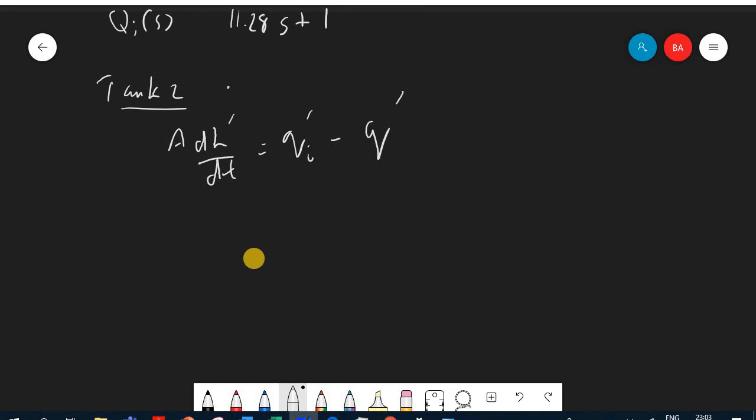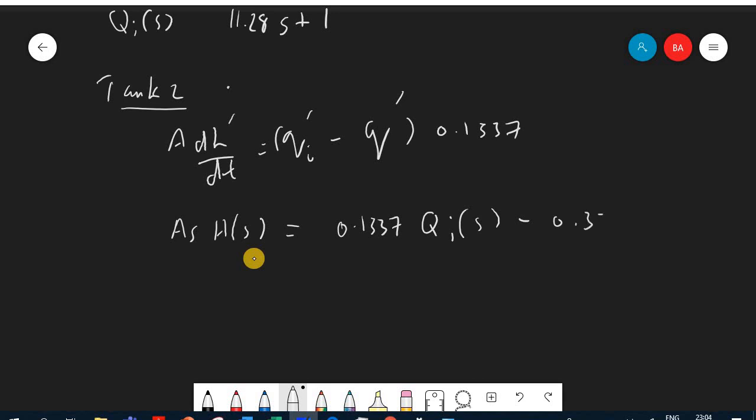Then of course I want to multiply this by the conversion factor just to turn it to feet cubed per minute, and then take the Laplace. Doing the Laplace, I'm going to have this equal to 0.1337 qi, and actually it is qi minus the q term, right?